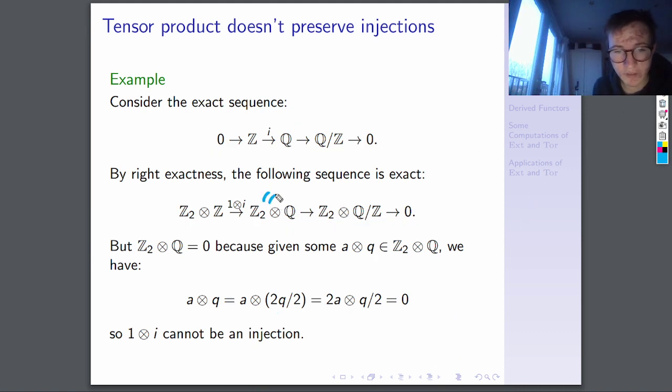And so, because this is equal to 0, and this one here I believe is equal to the integers mod 2, this map here cannot be an injection, even though this one here was. So the tensor product does not preserve injections. That's just a note that I thought I would give.